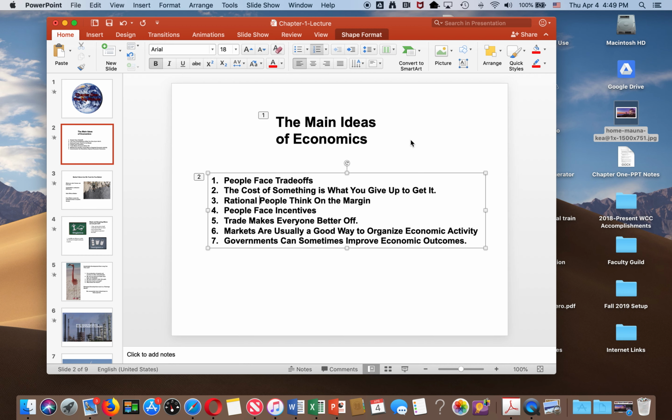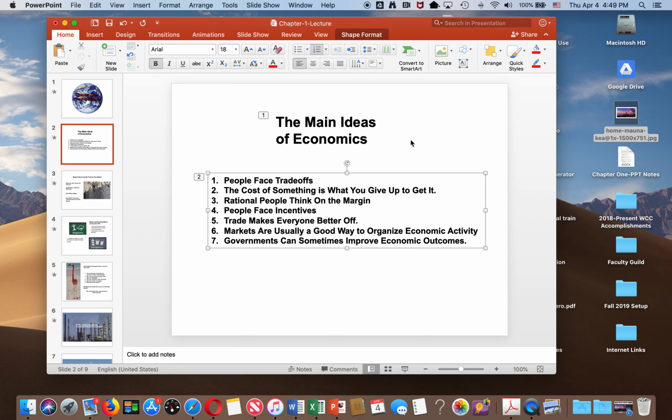Number five, trade makes everyone better off. The idea is that if individuals trade with each other, that can improve a current allocation of resources, and people are made better off by doing that. Trade, remember, needs to be voluntary between two parties. Number six, markets are usually a good way to organize economic activity.